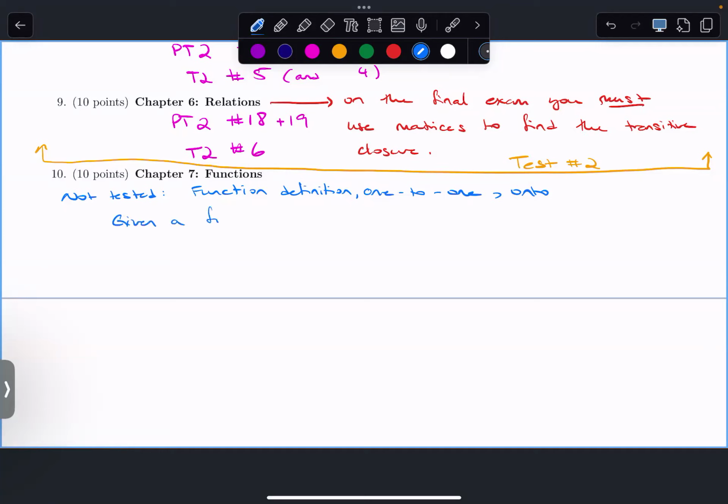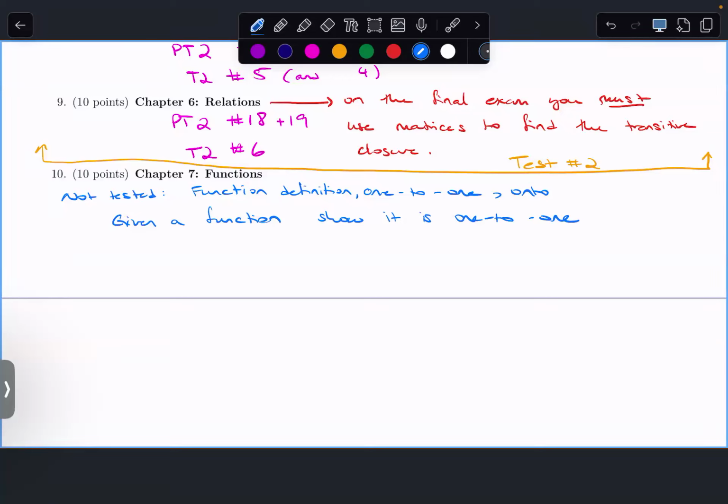Given a function, show that it's one-to-one. Show it is one-to-one. I will use the terminology show that it's one-to-one, which means it is one-to-one.